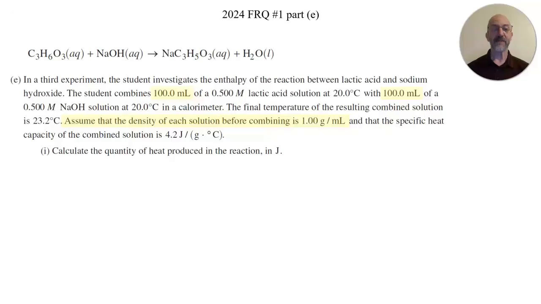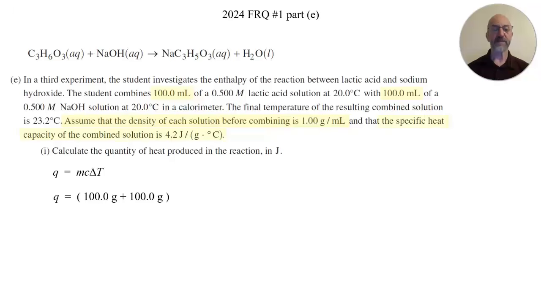The density of each solution is assumed to be 1 gram per milliliter, so 100 plus 100 is 200. So that would be a total of 200 milliliters, or 200 grams when you multiply the density by 1. So 200 grams of solution.